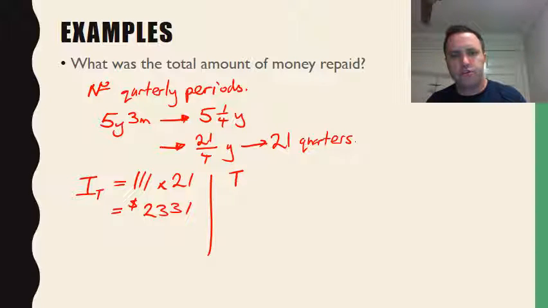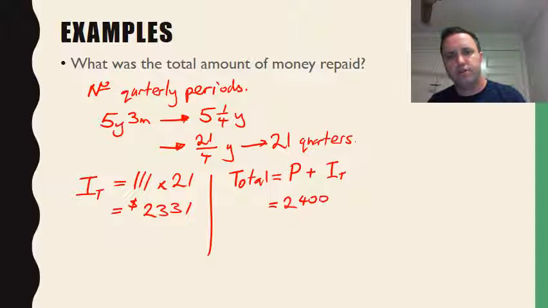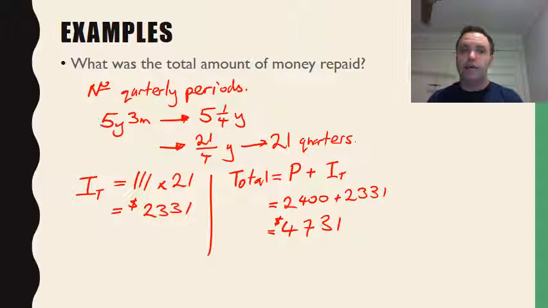So the total is equal to the principal plus the total amount of interest which she paid. So the principal amount was $2,400 plus the whole amount of interest, which is $2,331, which gives us $4,731. All up is what Barbara had to pay for borrowing that $2,400.